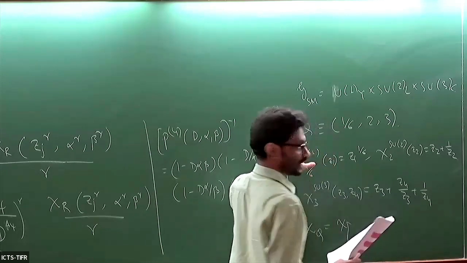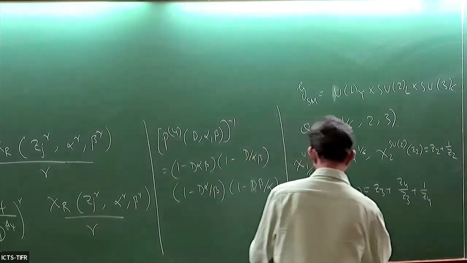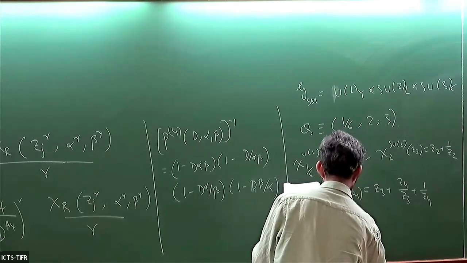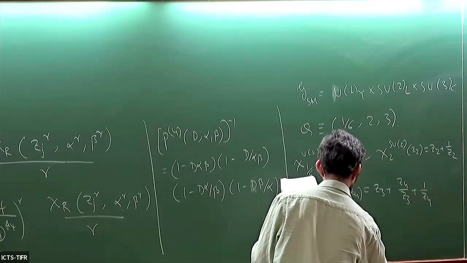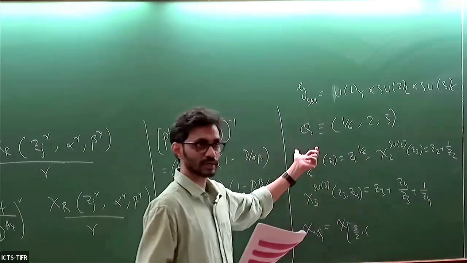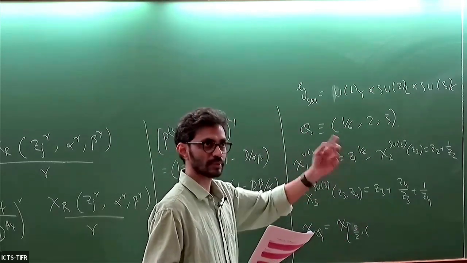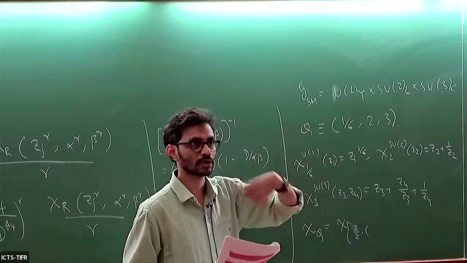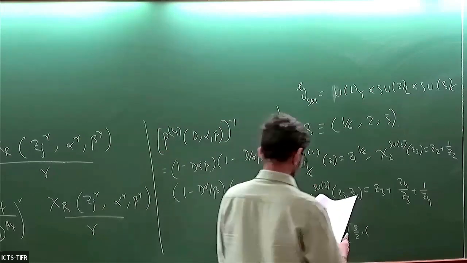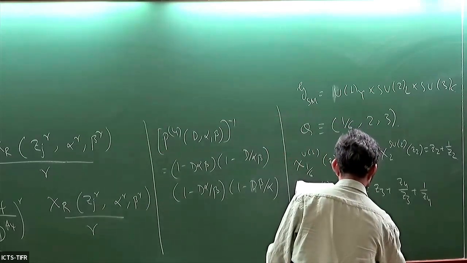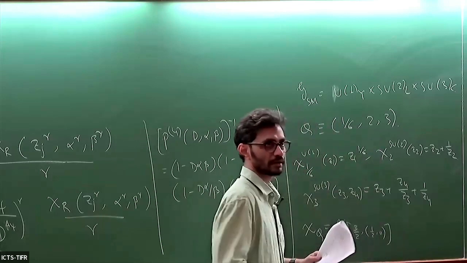What is this? This is the fermion, right? So how do I write down, D to the 3 by 2. This is an SU2L doublet, right? So it will have an SU2L quantum number and the SU2R quantum number is not there. So this will be half comma 0, right?